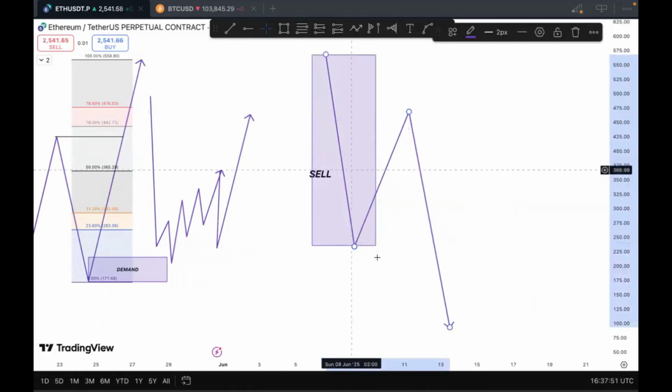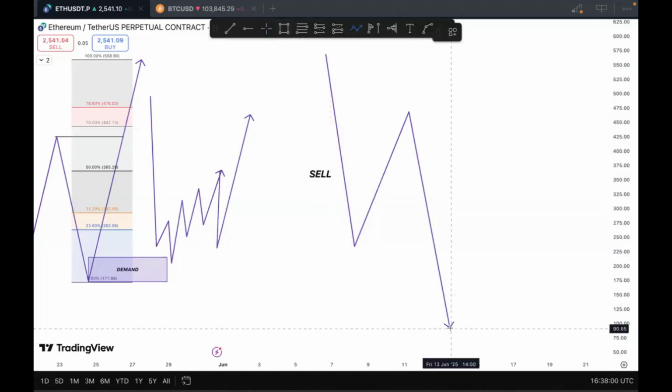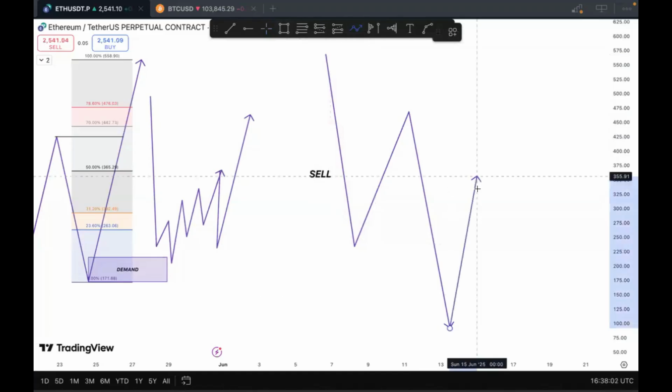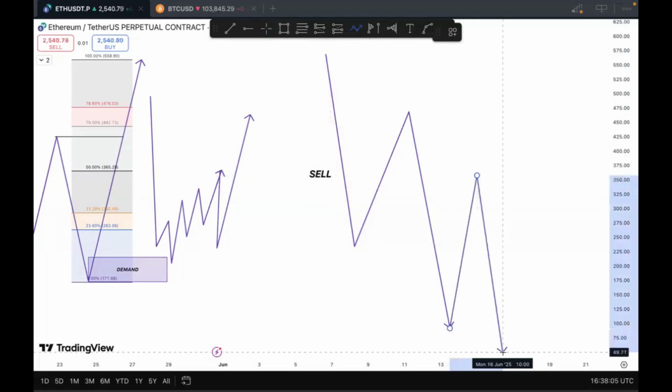So this is a correction. So remember that price will make another correction. If price is coming to make correction, it will be somewhere here like this. So it is that correction I want to trade.